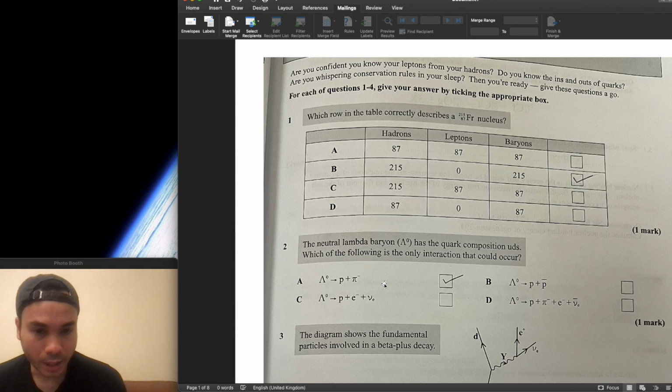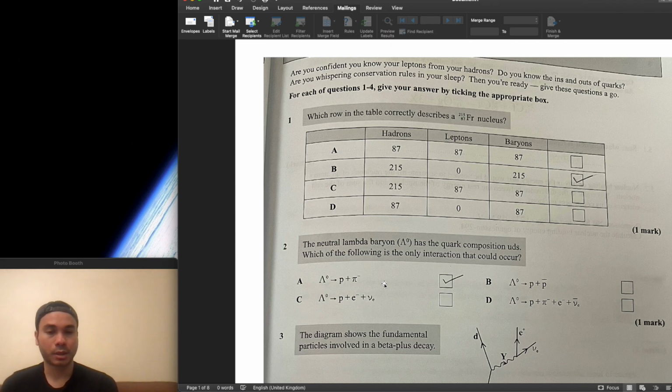And then if we look at A, by process of elimination it's got to be correct, but let's go through it for completeness. We have 0 on the left in terms of charge, and on the right +1 for the positive proton and -1 for the negative pion, so that cancels out. A plus and a minus becomes 0.